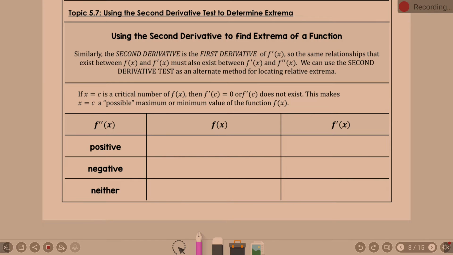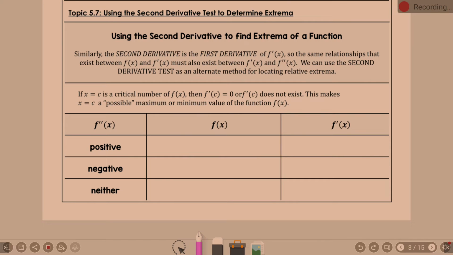We can use the second derivative test as an alternate method for locating relative extrema. So we talked about using first derivative test, right? Finding those zeros, and then where is it increasing or decreasing, and whether that makes a min or a max, okay? We can also do this with something called the second derivative test, and that's what I'm going to demonstrate on the next page.